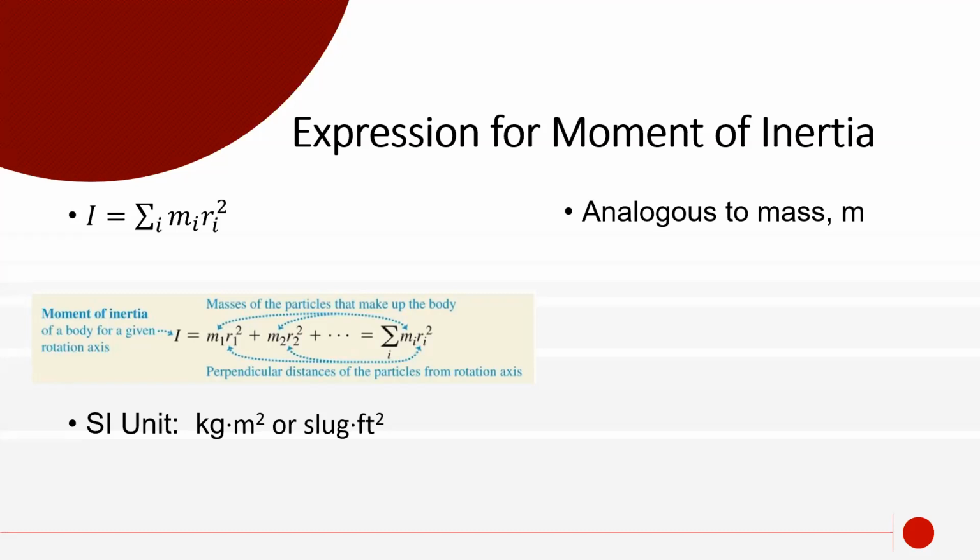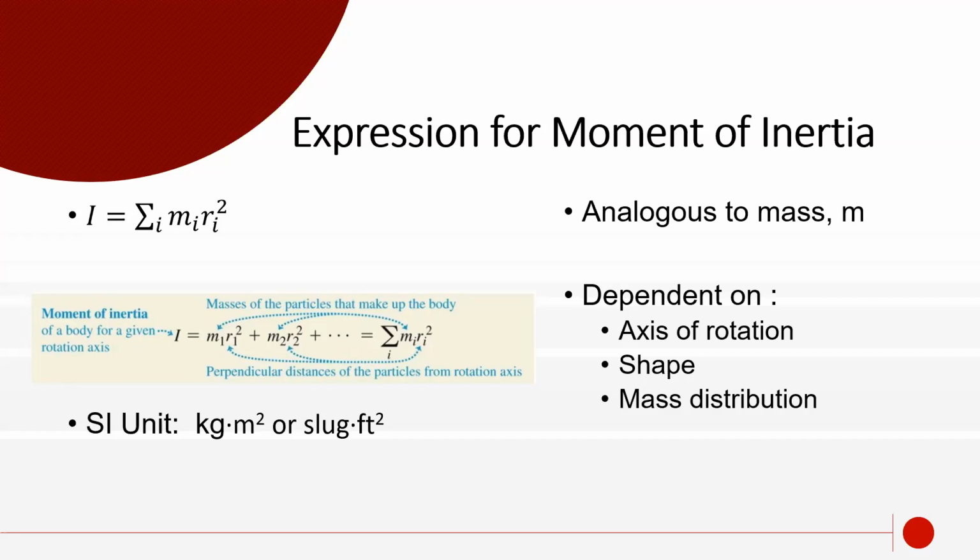The moment of inertia of a body is a measure of the rotational inertia of the body and is analogous to mass in translational motion, since moment of inertia plays the same role in rotational motion as mass plays in translational or linear motion.